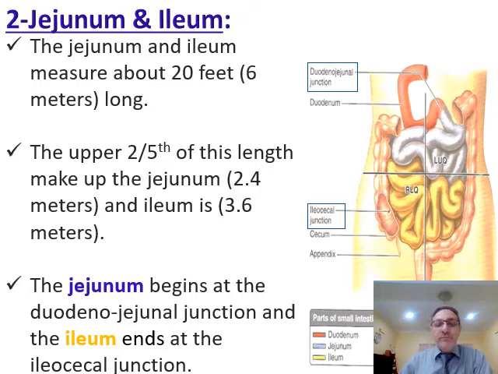Its length is about 3.6 meters and it ends at the ileocecal junction, opening by a valve in the cecum. So the jejunum begins at the duodenojejunal junction and the ileum ends at the ileocecal valve.